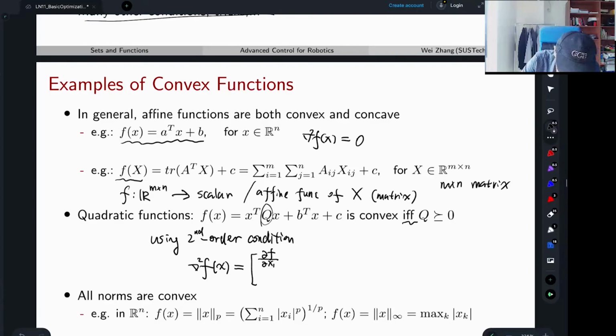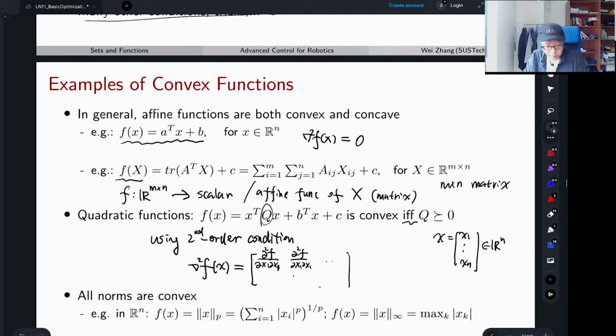So you can say the Hessian of this, by definition, let me remind you, is the matrix of second partial derivatives, partial squared f over x1 squared, x1 x2, and so on. Assume that x equals x1 all the way to xn, which is in Rn. The Hessian of this quadratic function is an n by n matrix.